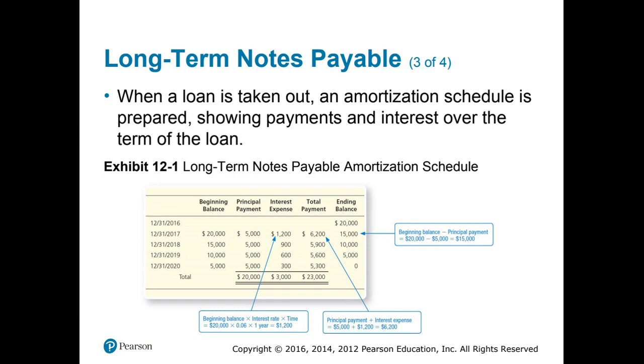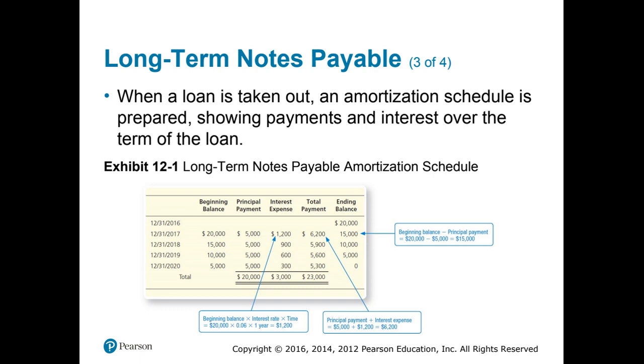When a loan is taken out, an amortization schedule is created. If you have a car loan or a house loan, more than likely there's an amortization schedule with the creditor or whoever is providing the funds to make this purchase. This amortization schedule shows payments and interest over the term of the loan.